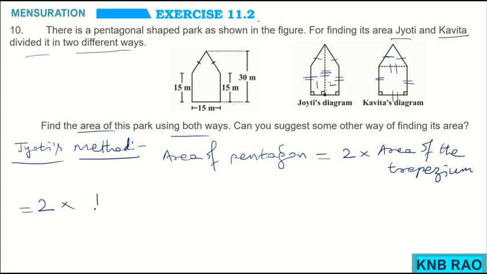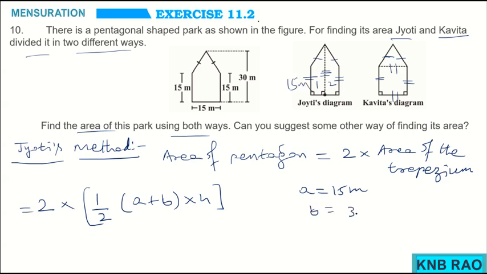here the area of a trapezium is half of the product of the sum of two parallel sides and the height, or the distance between those two parallel sides. Now, what is A? Here A is 15 meter, because this is 15 meter, and B is 30 meter, because this is 30 meter, and the distance between these two, how to find?